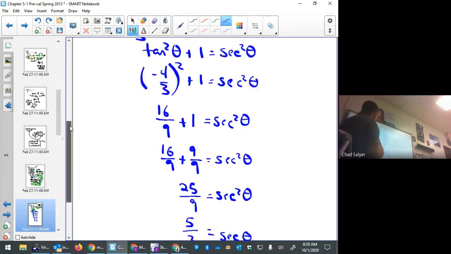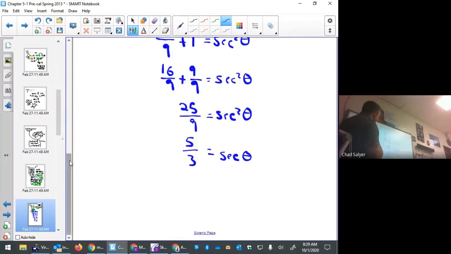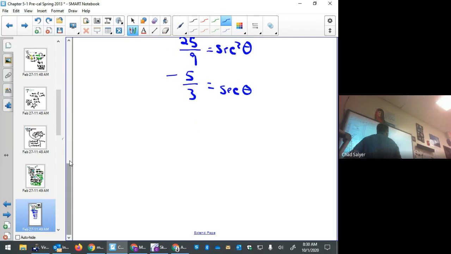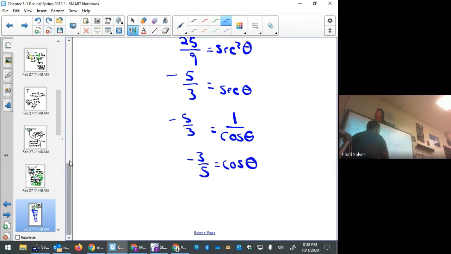But let's think about where we're at. We're in Q2, and the secant is 1 over the cosine. Cosine's negative. That should be -5/3. And that tells us, because the secant is 1 over the cosine, -5/3, so the cosine itself is -3/5.